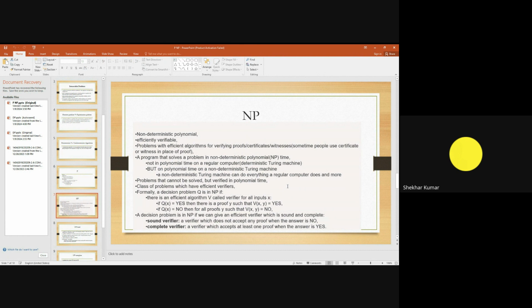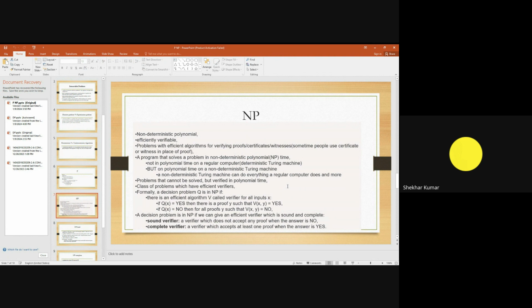It is very clear: we cannot solve it in polynomial time, but it can be verified in polynomial time by using a non-deterministic algorithm. Then that is called a non-polynomial time algorithm, non-polynomial in nature.